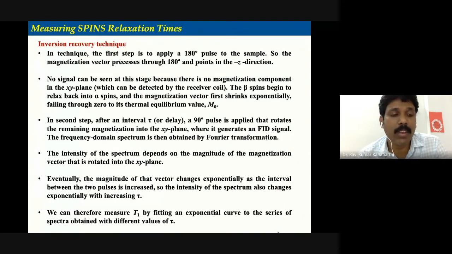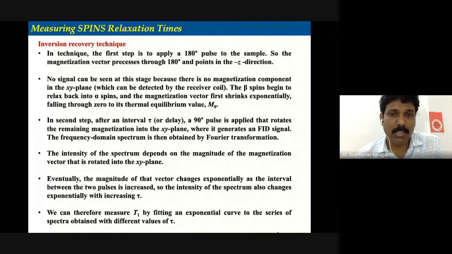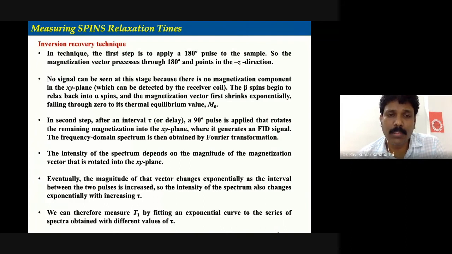Are there any ways that we can measure these time constants? Why do we have to measure them? There is a simple answer: these relaxation times are directly related to the spectral width, that means the resolution of the NMR spectrometer. That is why these things are important to us.